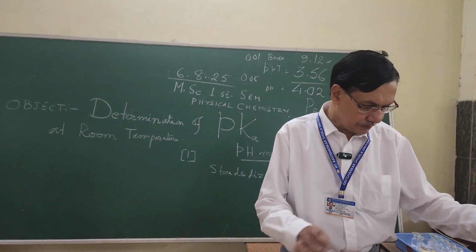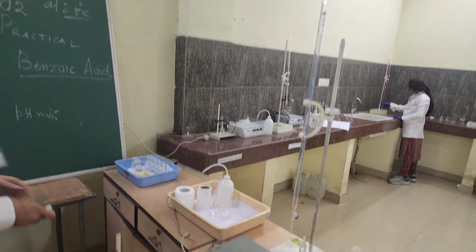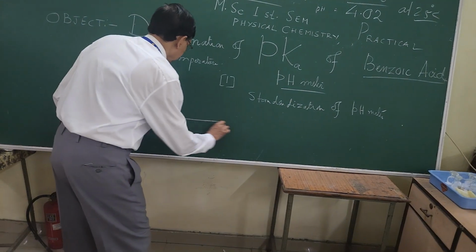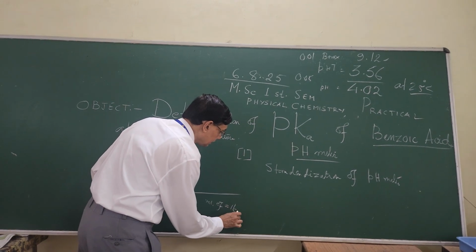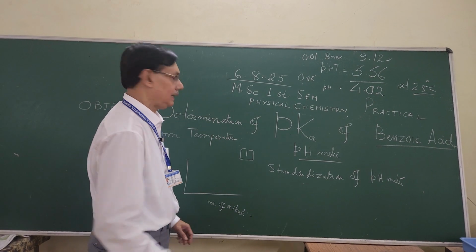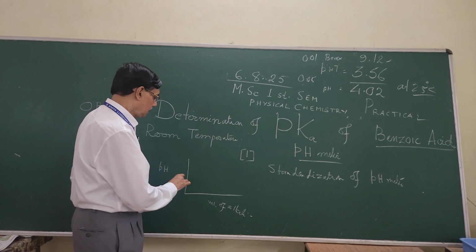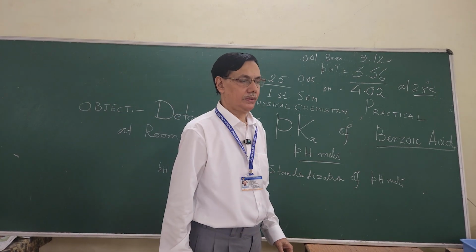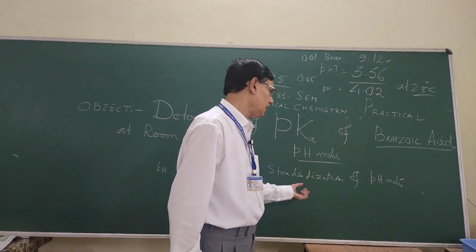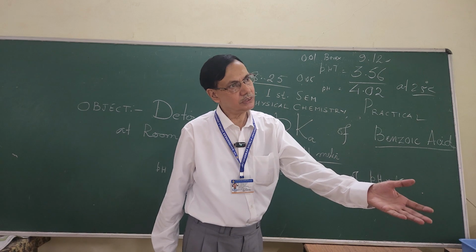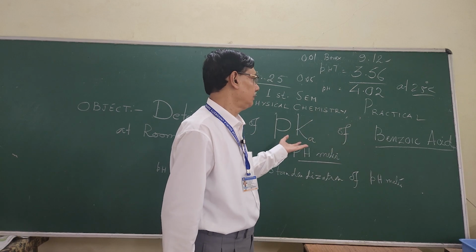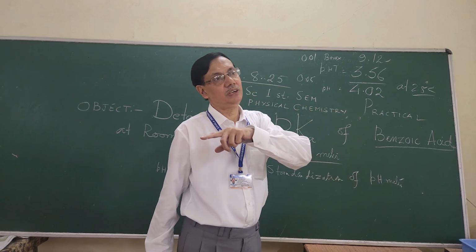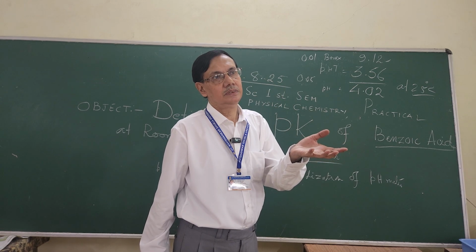So after calibration, you can start this experiment and you will measure the different volumes of alkali added. We should take a microburette or a good quality burette and you measure the pH. So we will get certain types of plots. So first is the calibration or standardization of the pH meter with these buffer solutions, and second is the titration, and then with the help of both theoretical as well as the graphical method, we have to determine the pK.